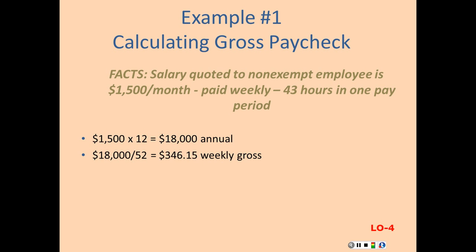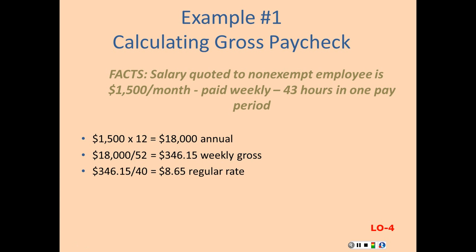Now that has been rounded. We're going to open up Excel in a minute and go through this to show you how to watch out for that. Take into consideration now that 346.15 is a rounded number, and that is typically the convention that we follow. We round to the nearest cent in these calculations.